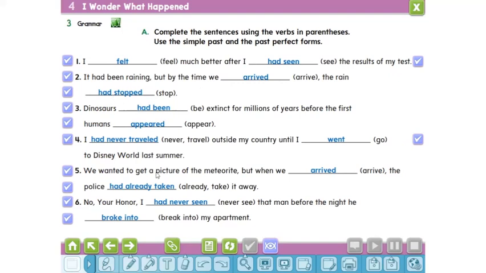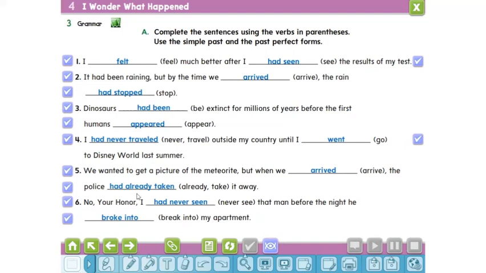Dinosaurs had been extinct for millions of years before the first humans appeared. So had been, before the first humans appeared. So that's about sentence number three. Sentence number four. I had never traveled outside my country until I went to Disney World last summer.